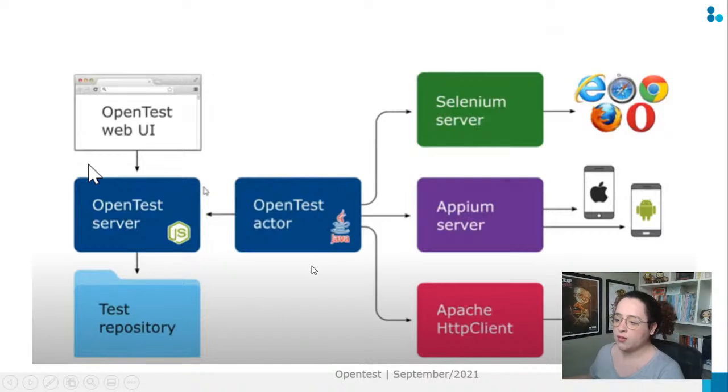So, talking about the actor, it is the part of the OpenTest structure that distributes the actions, starts the browser, starts the actions, and does the assertion task. So OpenTest also has the UI that we call the OpenTest server, and also we have the OpenTest repository, that is the place where we store some scripts, templates, or macros.